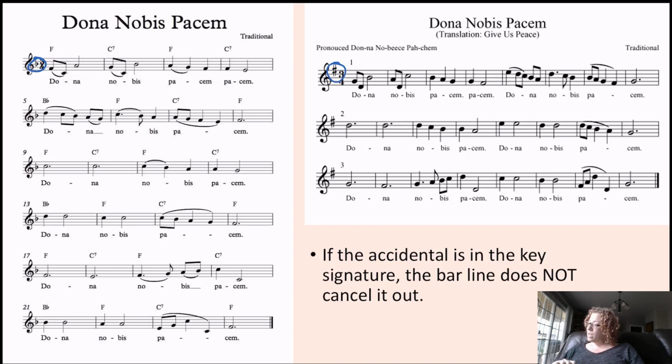That's what I get for not warming up before I teach you. So that's the first key. The next one is whoop, wrong note. This is why I'm not a keyboard player. There it is. Do, non, no, bis, pacem, pacem.